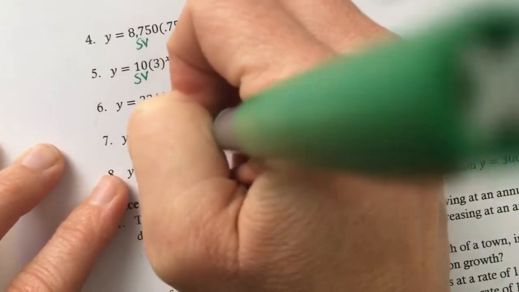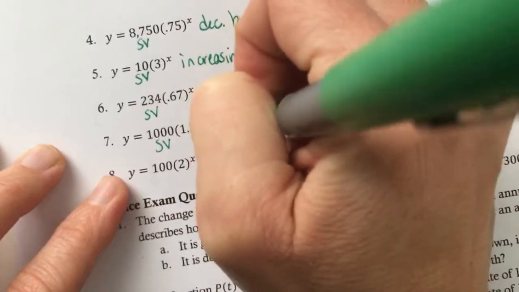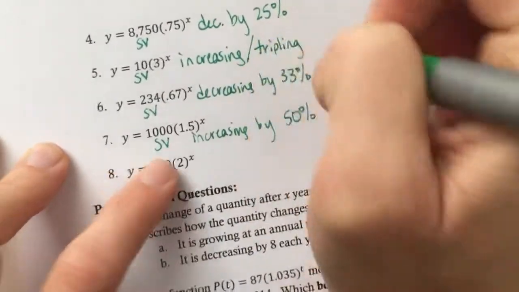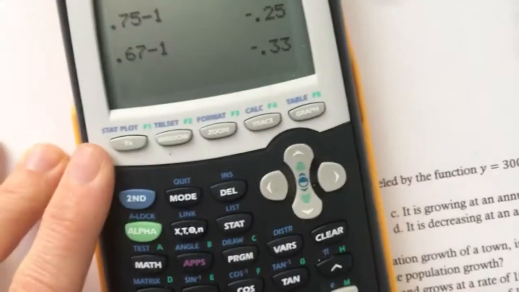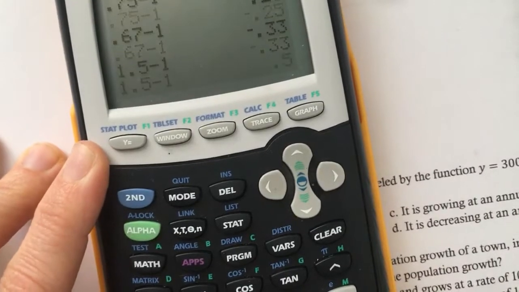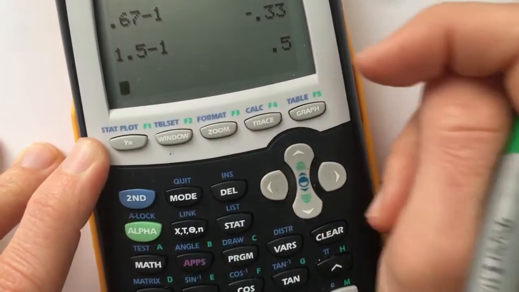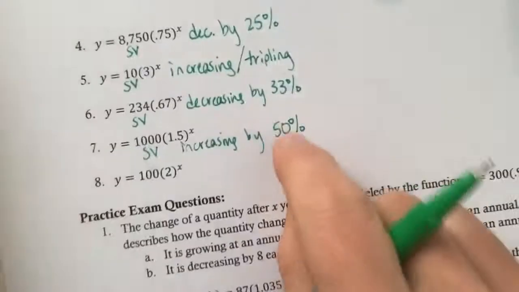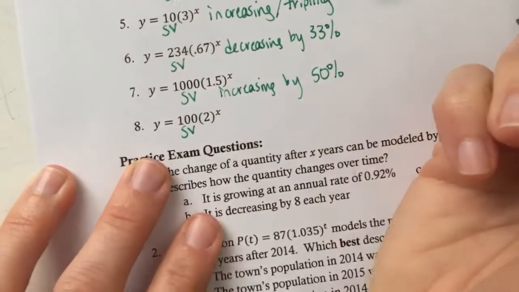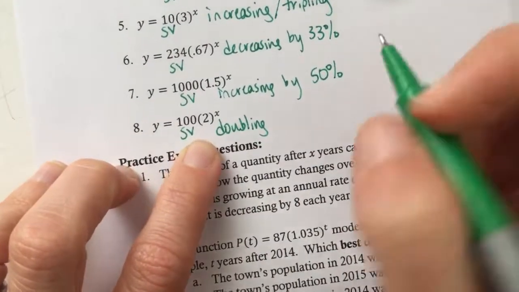This one is increasing by 50%. If you take 1.5 and you subtract 1, you're left with 0.5. If you move your decimal 2 places, you always go 2 places, you would get the number 50. Okay? And lastly, for this section, starting value is 100. This one is doubling because you're multiplying by 2.